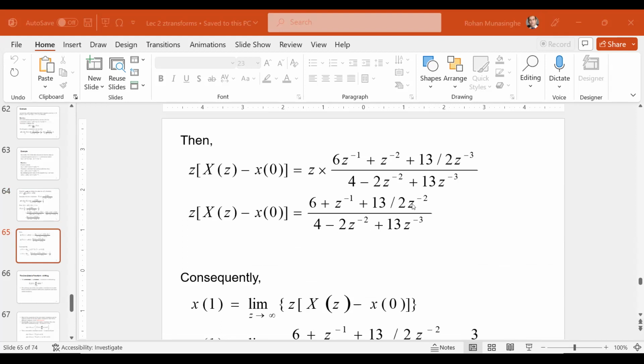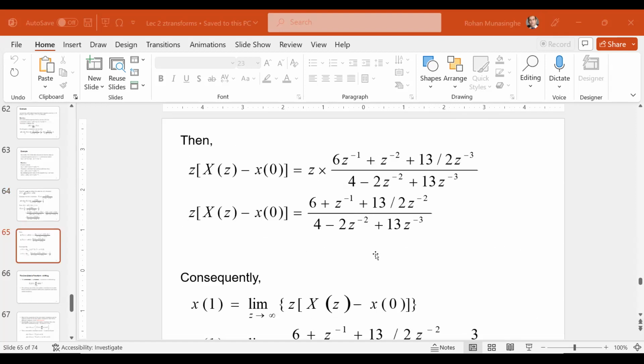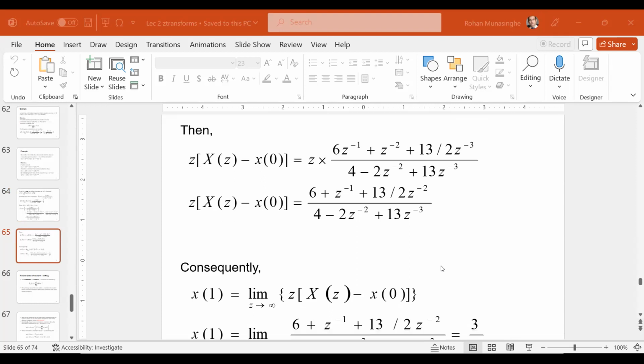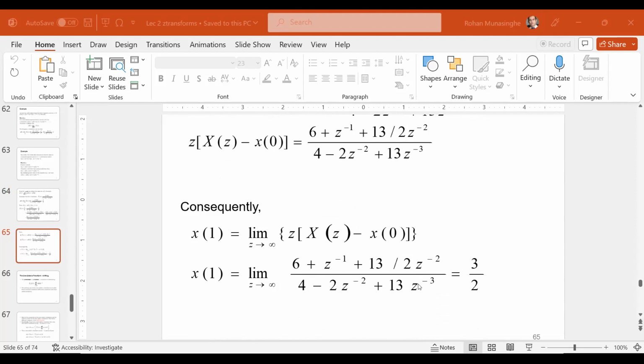You can see 13/2 z minus 1 because it's divided by 2, I guess, because of this half. And then you take the limit of this whole expression as z goes to infinity. Then this one is 0, this one is 0, this one is 6/4, which is 3/2, 1.5. That is x1.